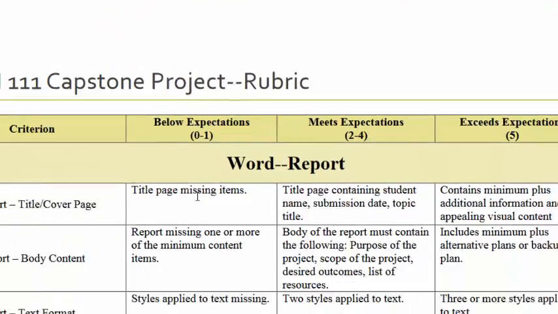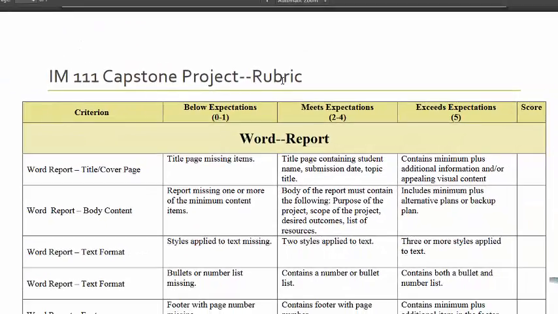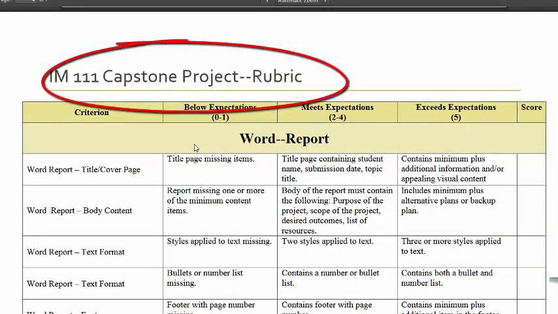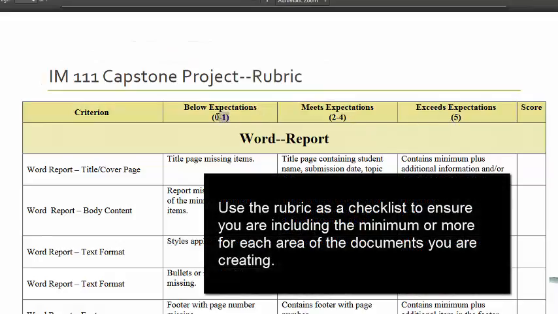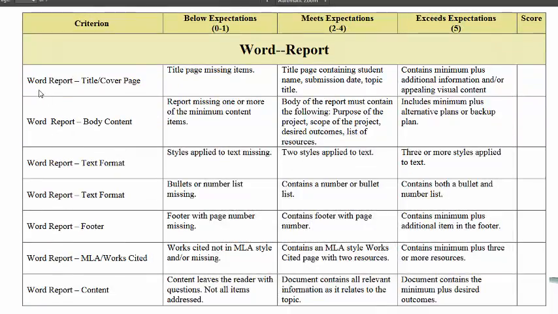Now, as we move to the next page, this is going to be your rubric, and a rubric is just going to show the breakdown of what needs to be included to earn below expectations, meets expectations, or exceeds expectations. You can see the points that are going to be allotted in each of those 3 categories of this rubric. So, looking at your Word report, you want a title cover page.